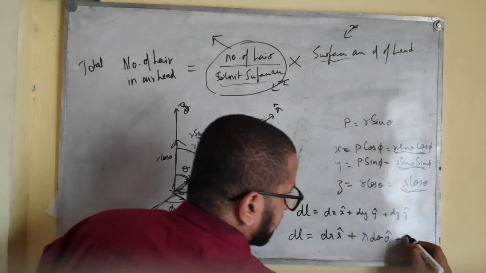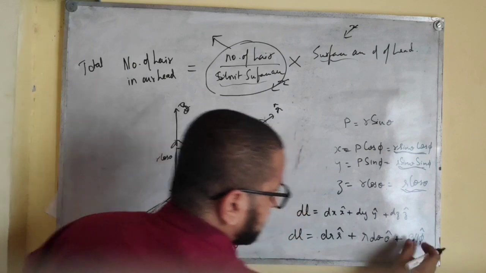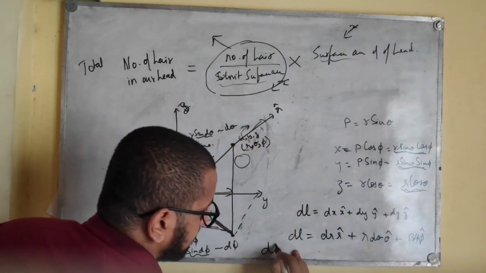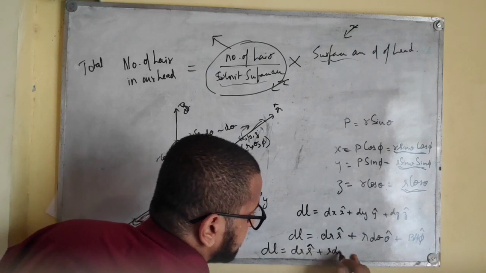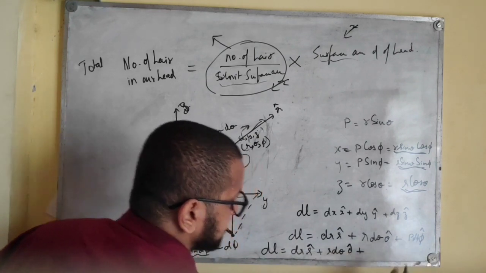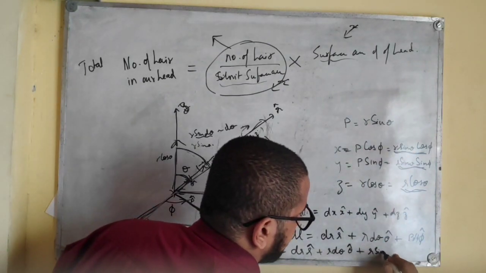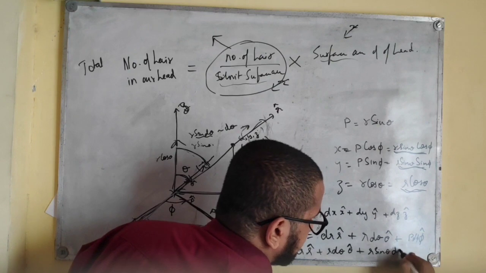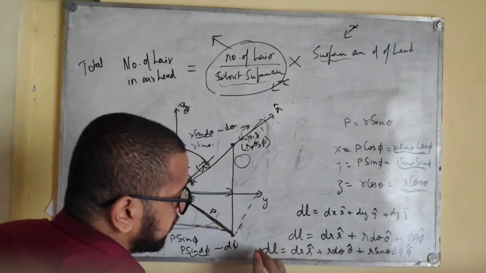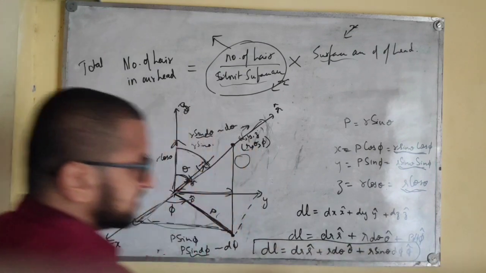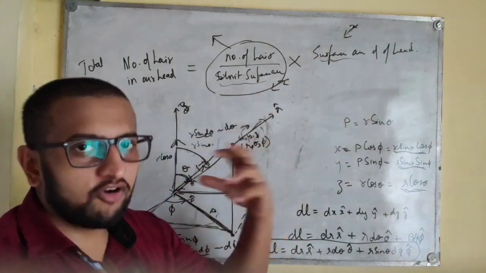So this is p d phi, phi cap. So dl is going to be dr r cap plus r d theta theta cap plus, p is r sin theta, r sin theta d phi, phi cap. So we wrote the line element in polar coordinates.